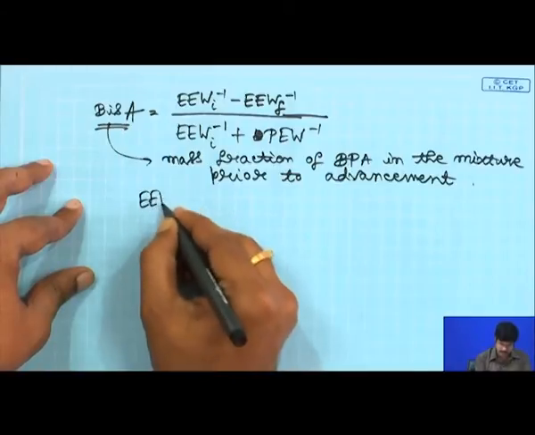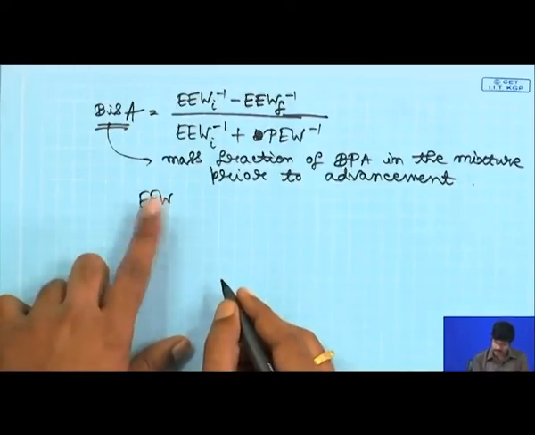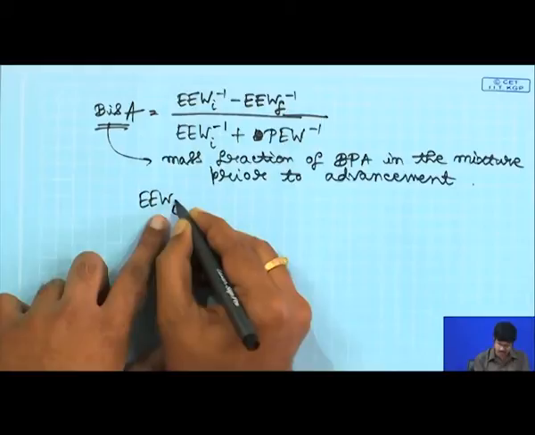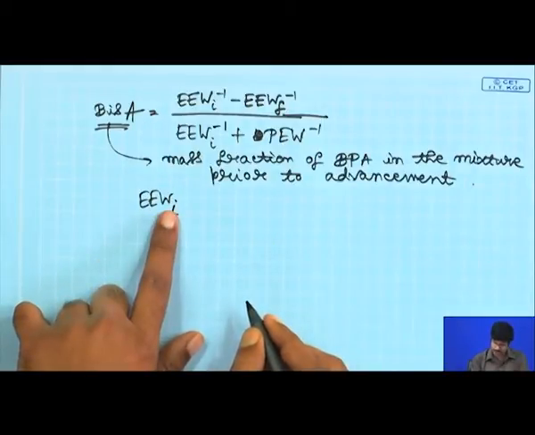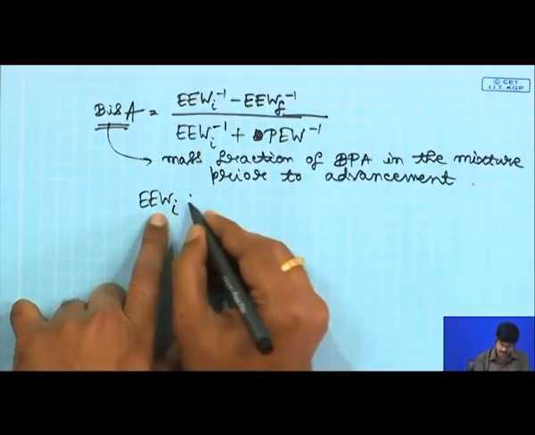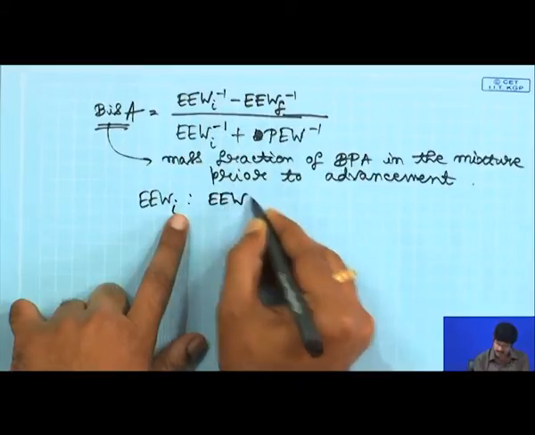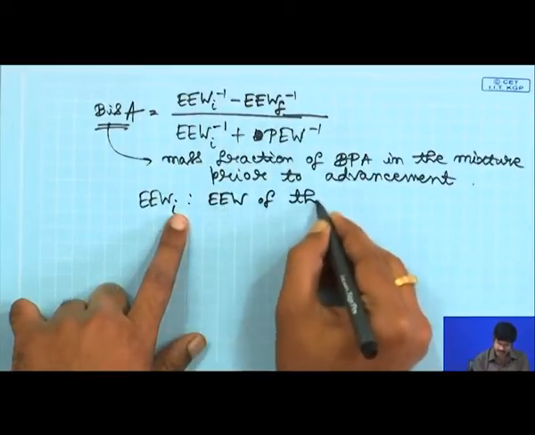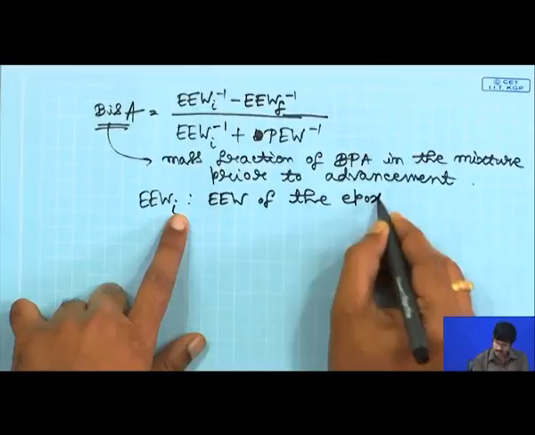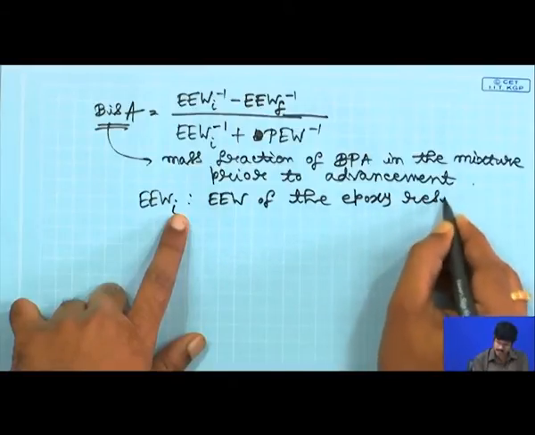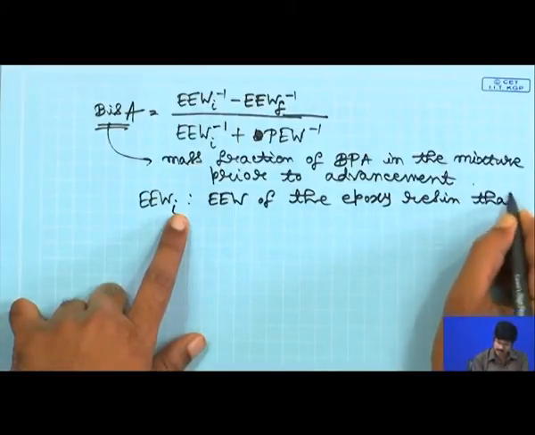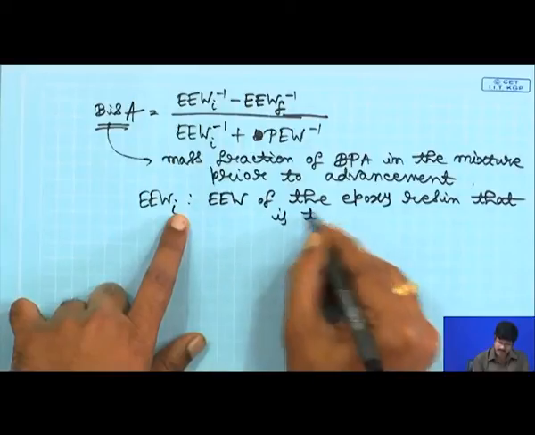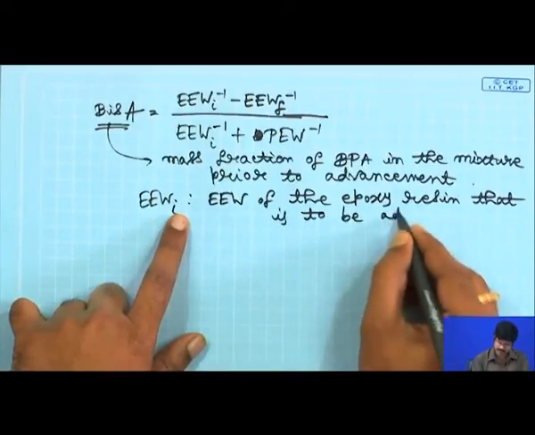Now, EEW basically tells you the epoxy equivalent weight. So, this is the epoxy equivalent weight of I, which means initial. So, this is basically the epoxy equivalent weight of the epoxy resin that is to be advanced.